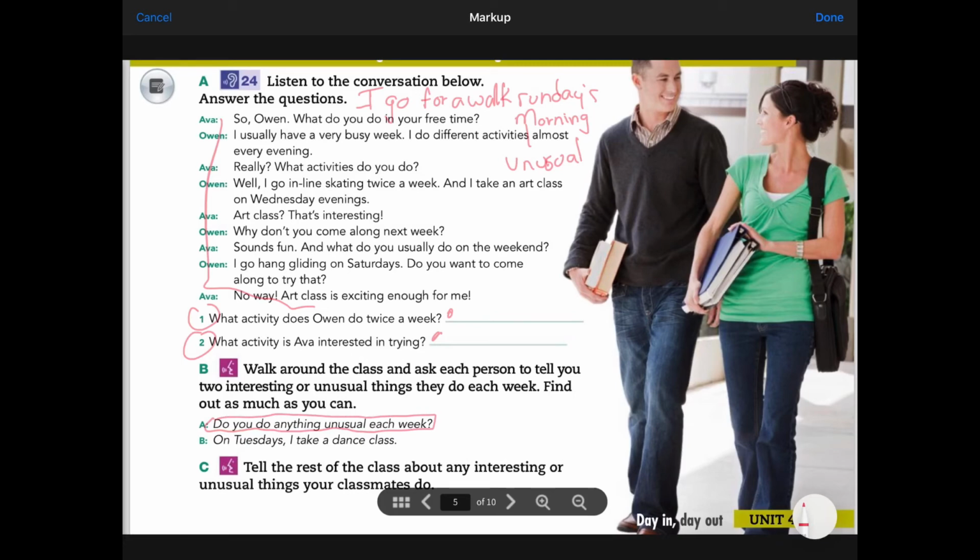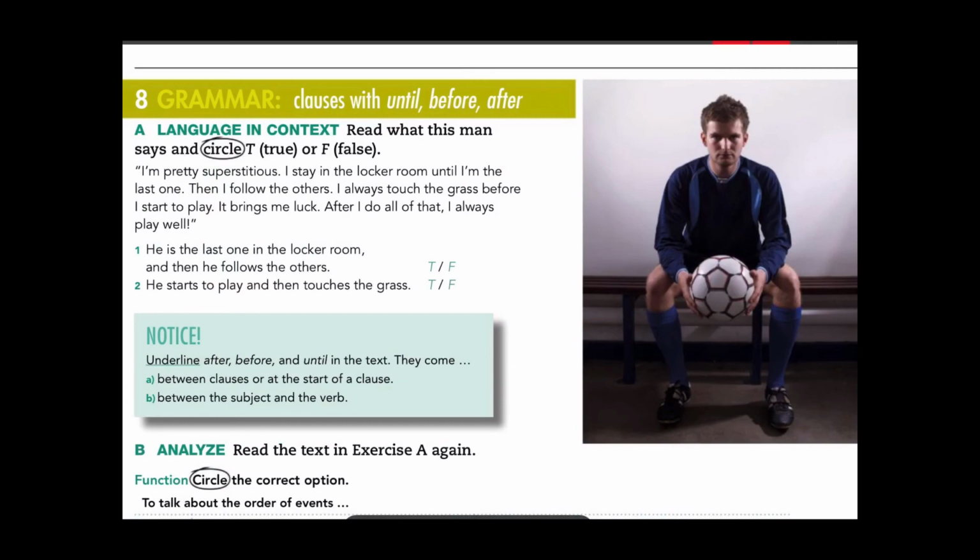Do you do anything unusual each week? So I give you my answer for that in here. I go for a walk Sundays morning. So tell me if you do something unusual during the week. Write it down in your notebook and take a photo of it and send it.